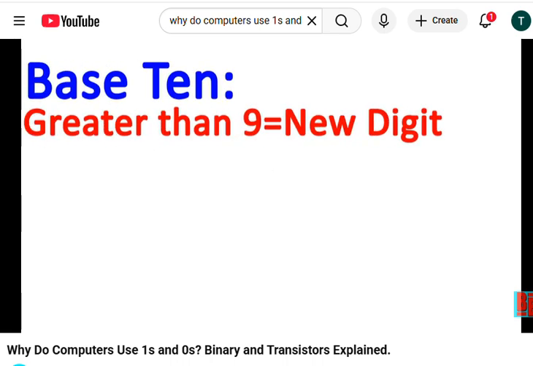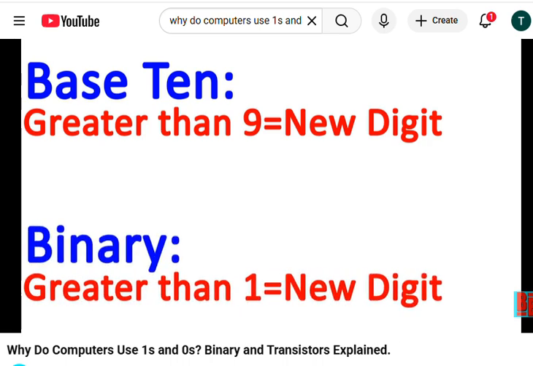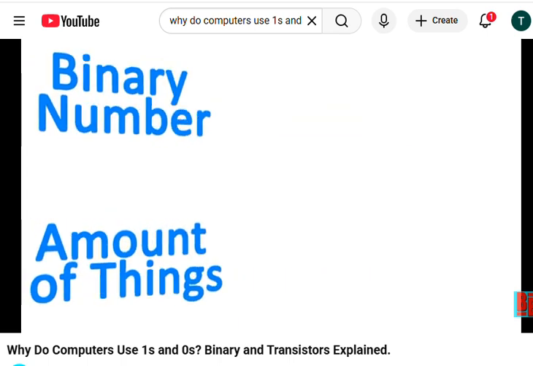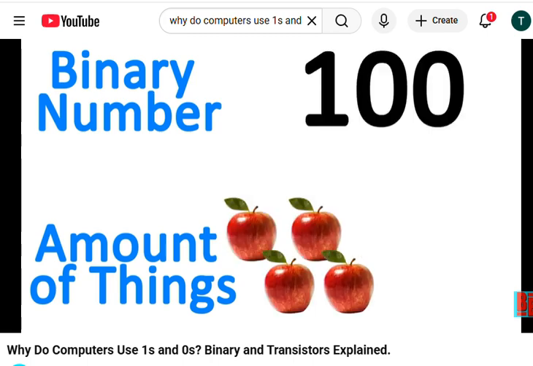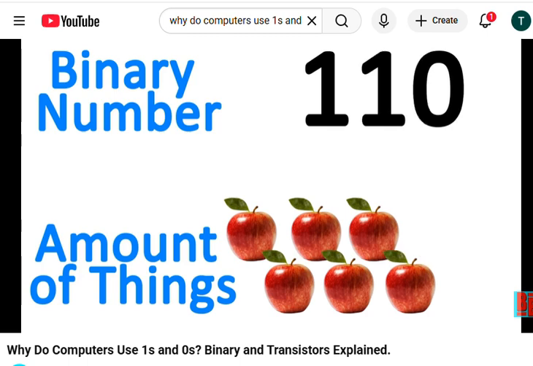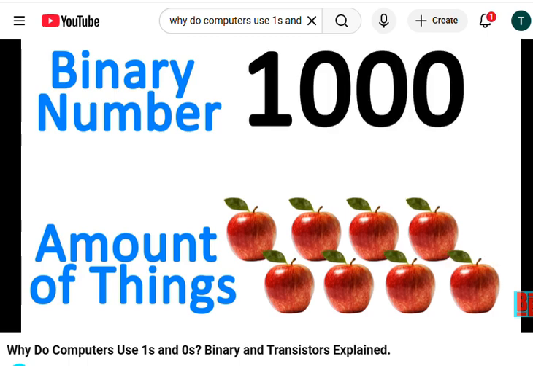when we talk about binary. Binary works the exact same way as base 10 positional, but instead of each digit going from 0 to 9, it goes from 0 to 1. Counting upwards in binary sounds like this: 0, 1, 10, 11, 100, 101, 110, 111, and 1000.